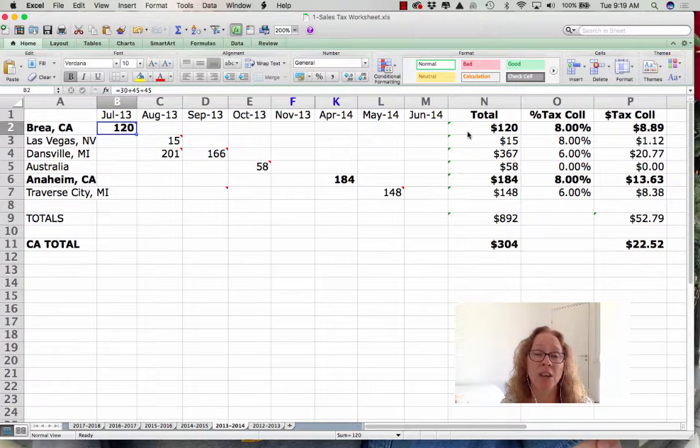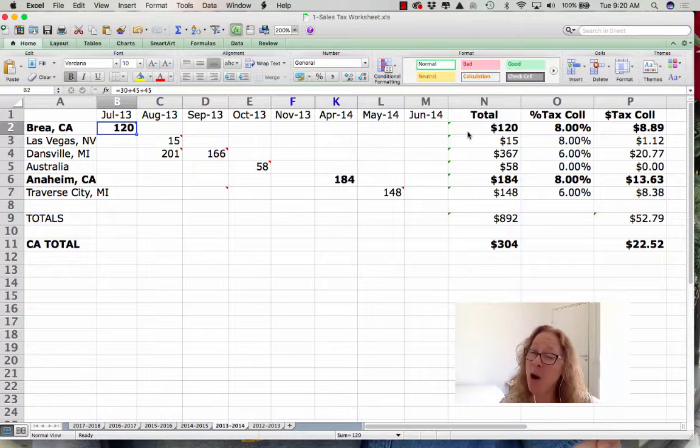But in other years I have had 3 or 4 or 5 different places in Southern California that I've been at some sort of author event or book signing or whatever, and I've had 7.75% sales tax at this one, 8.25% sales tax at that one, 8% at that one. So that's why you have to break it up per city and not per state.